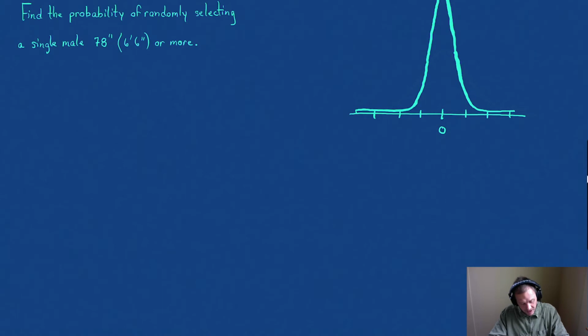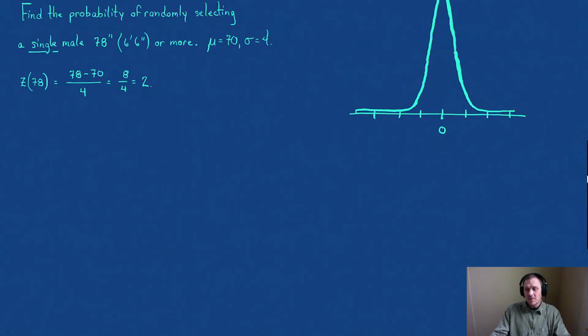Now this is a key here, a single male. Well, what we would do is we'd find the z-score. So find a z-score for 78. We're using the same data. I should remind us that the mean is 70 and standard deviation is 4. So we're going to take 78, subtract 70, divide by 4. That's going to be 8 divided by 4. That's going to be 2, and we knew that.